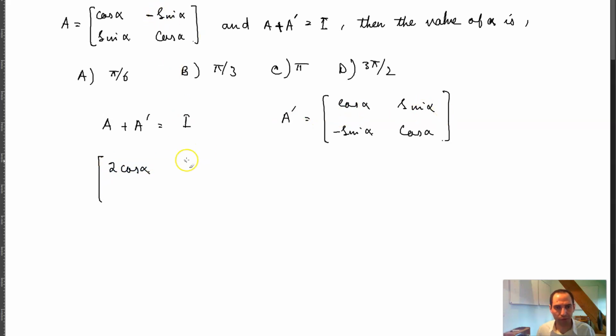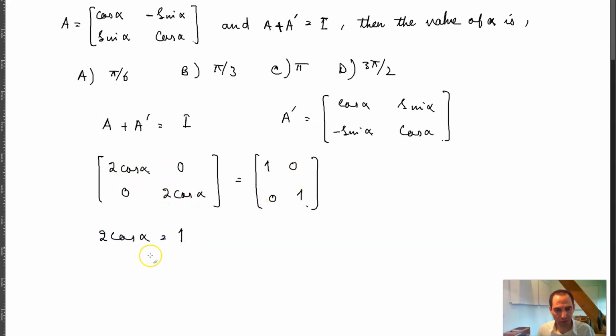negative sine alpha plus sine alpha would be 0, sine alpha minus sine alpha is equal to 0, and cos alpha plus that would be 2 times cos alpha, is equal to the identity matrix, which is 1, 0, 0, 1. Now 0 is equal to 0, 0 is equal to 0, and 2 times cos alpha is equal to 1.